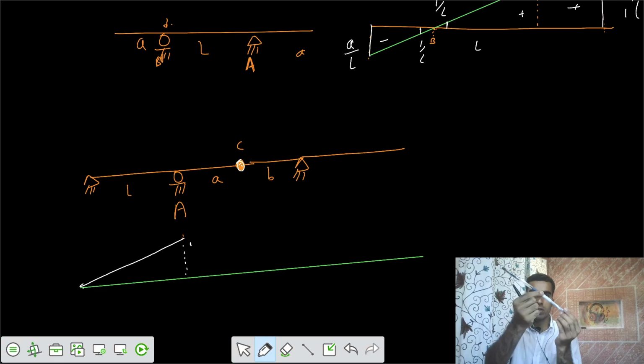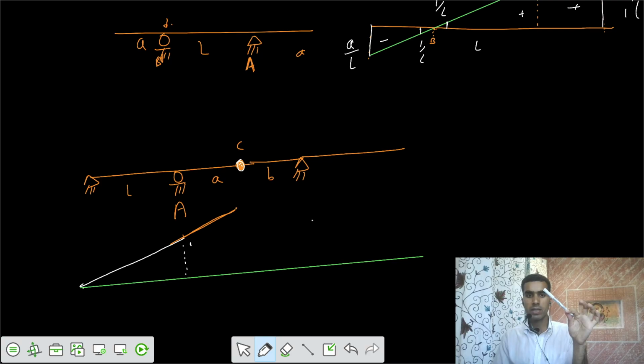Once it reaches up to the hinge point, up to the point C, this would be the variation.